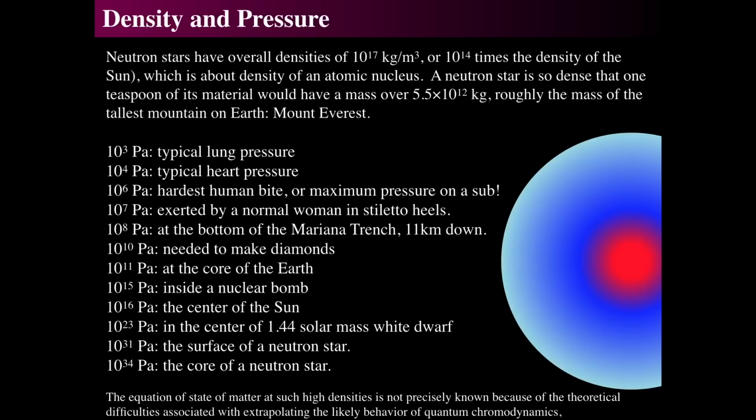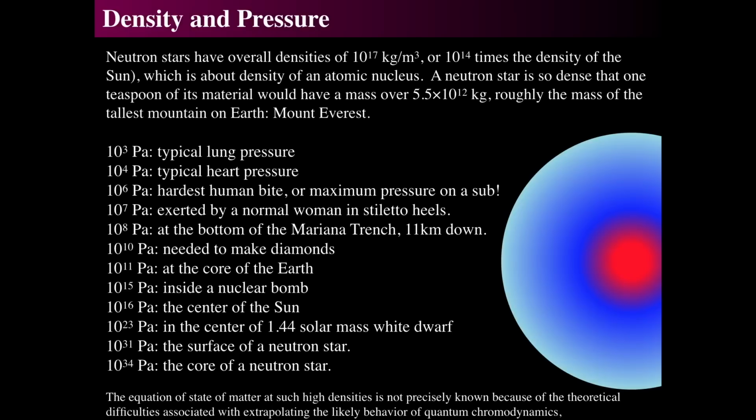Now, here's a really cool thing. When you take something with a huge amount of mass and compress it into a very small volume, you raise its density. And so the densities of neutron stars are really big, like 10 to the 17th kilograms per cubic meter. That's insane.